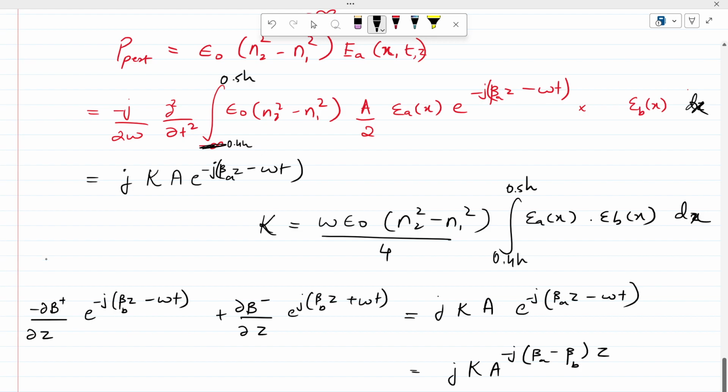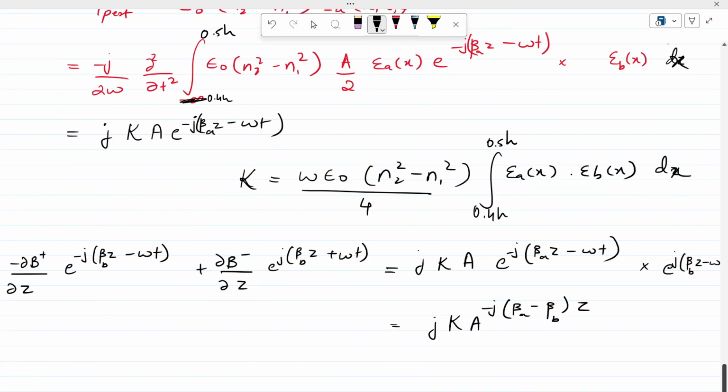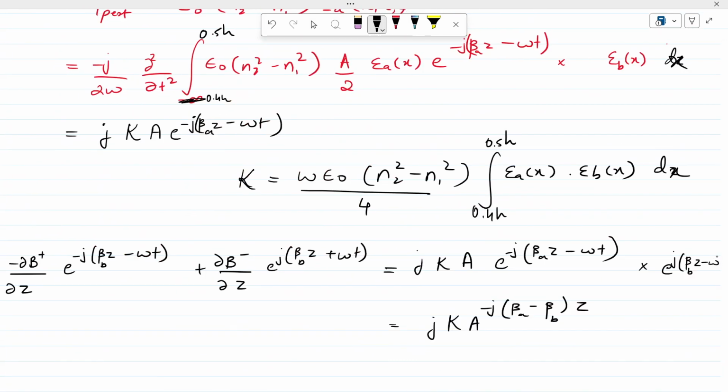So I'm multiplying throughout by e power j beta b z minus omega t. Okay, so this RHS becomes like this.